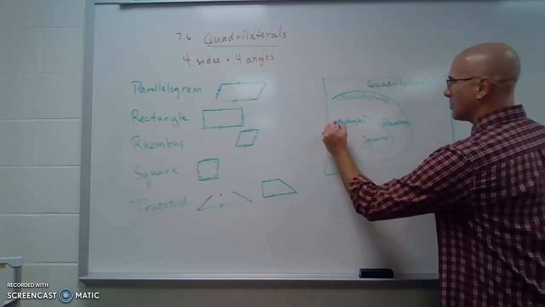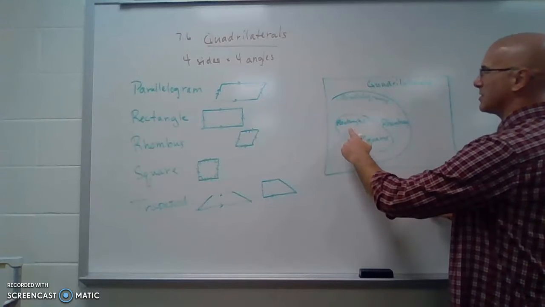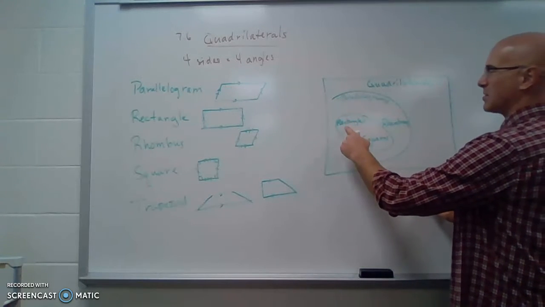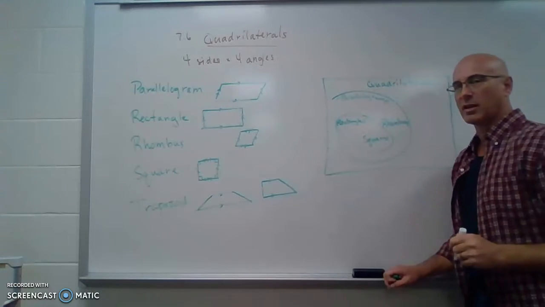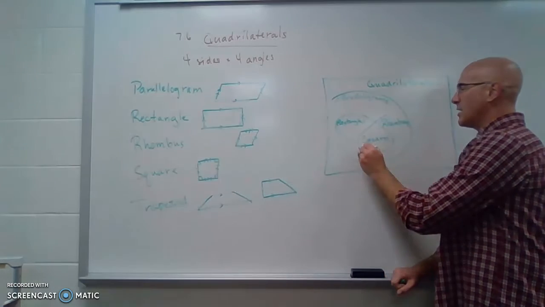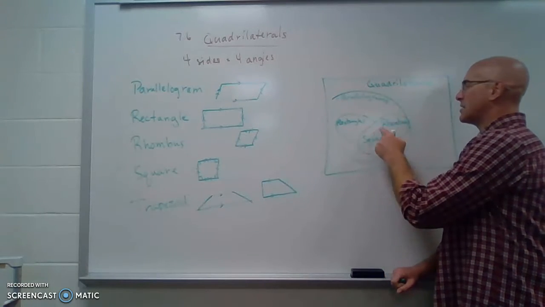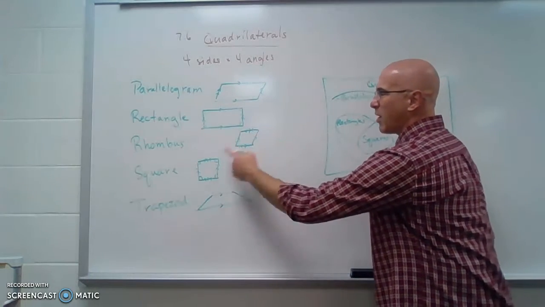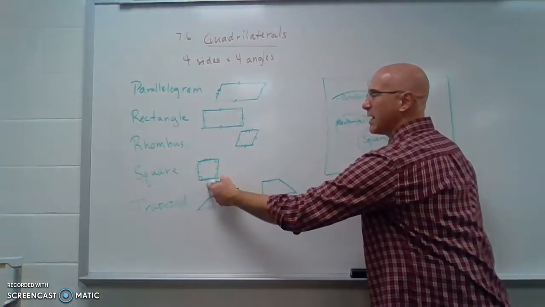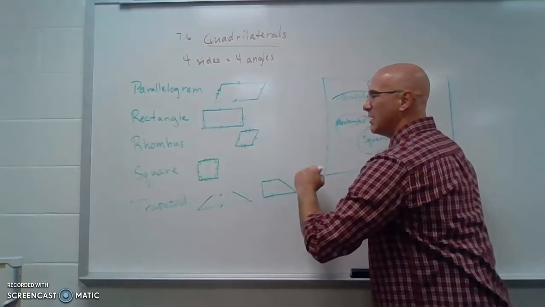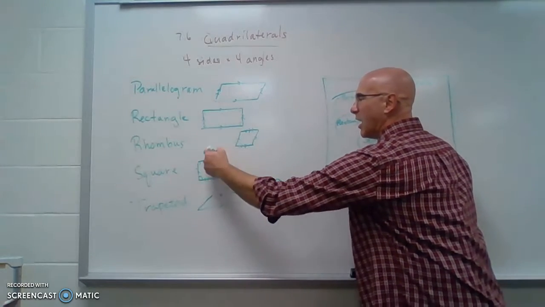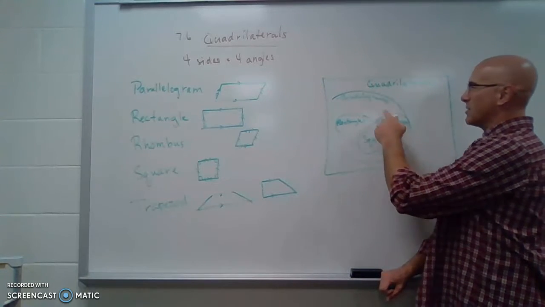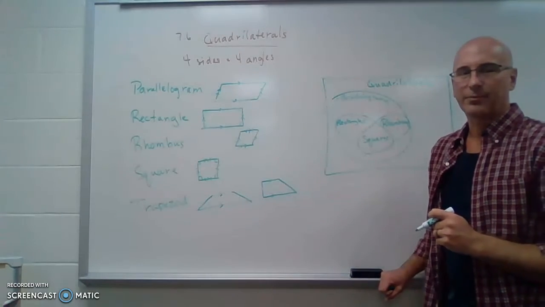I'm going to put a circle because a square is a type of rectangle, and a rectangle is a type of parallelogram. But you know what? A square is also a type of rhombus, because it has all 4 sides equal, just like this, and opposite sides are parallel. Okay? So a square is also a rhombus, which is a parallelogram.